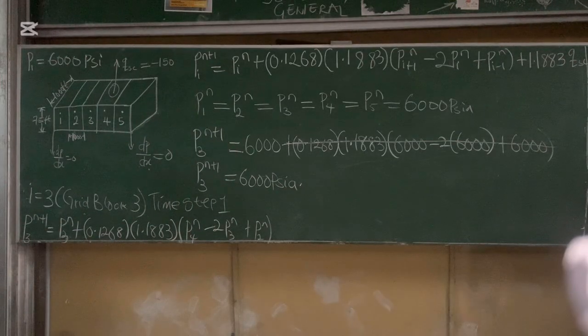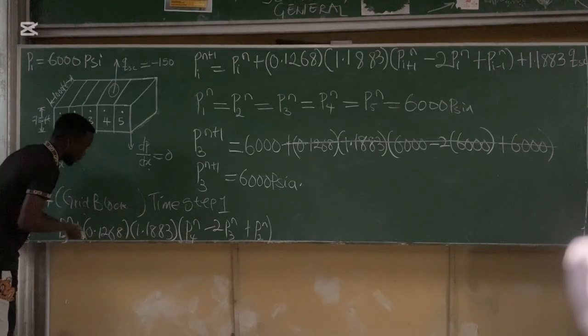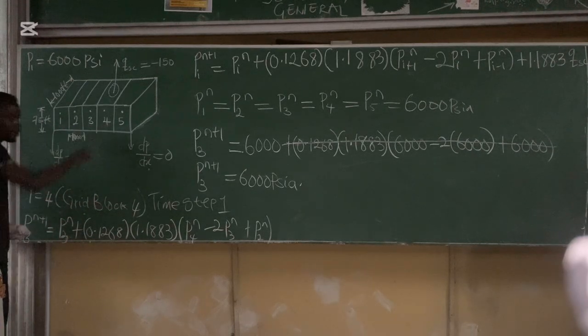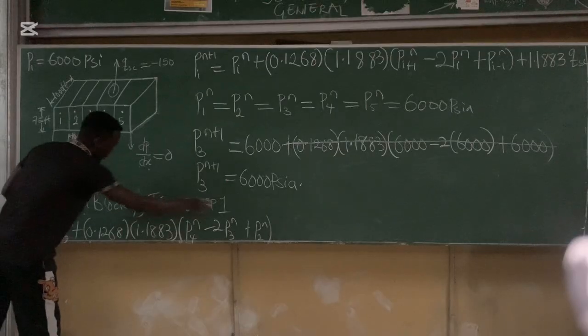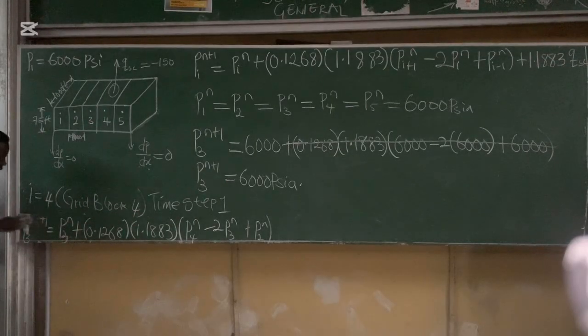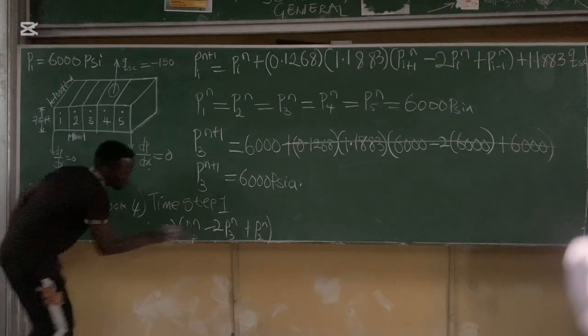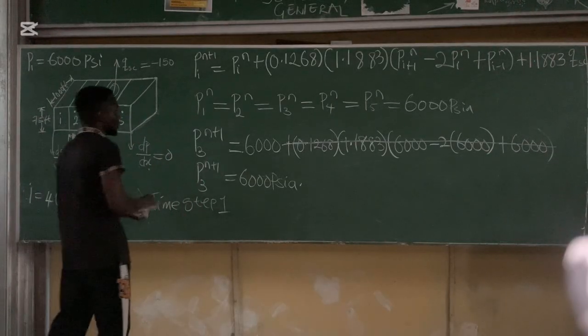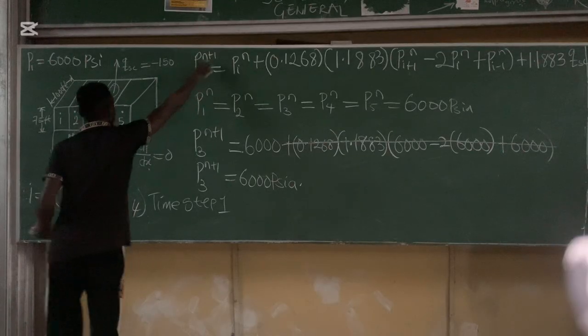The next step now is to move to i equal to 4. I equal to 4 is grid block 4. Remember, I was here at time step 1. So if that is the case, let's write the equation for P4^n. So i equal to 4, this becomes P4^(n+1).